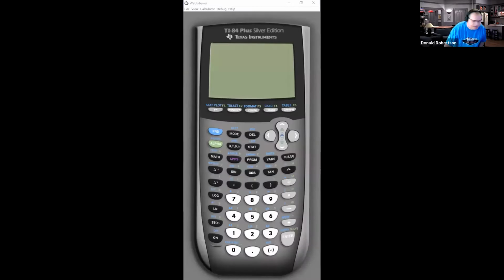Okay, it looks like you can only get one or the other, but not both. Okay, can you now see a calculator? Yes. Okay, I was hoping you could see both at the same time, but evidently I was wrong.